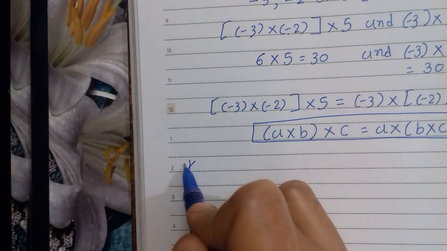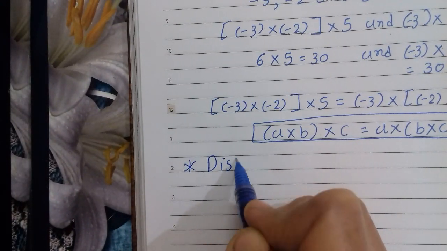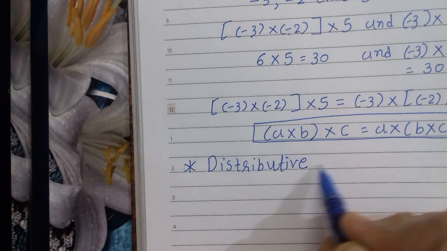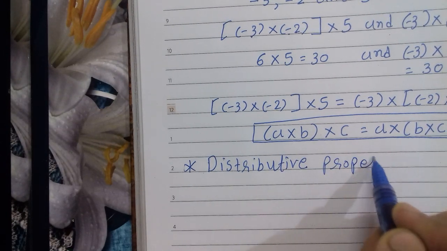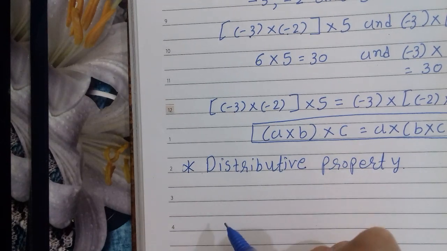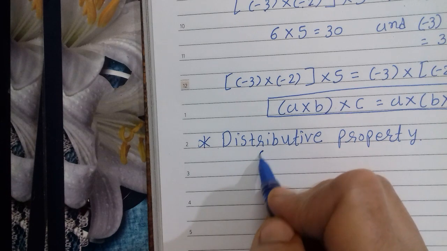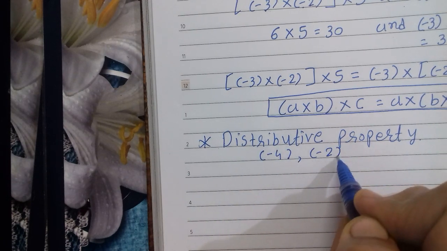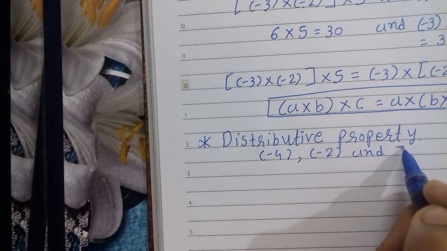Next, distributive property. Here once again consider three integers minus 4, minus 2 and 7.